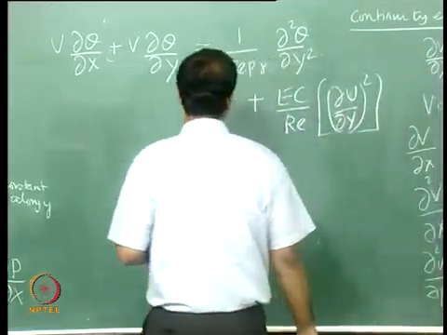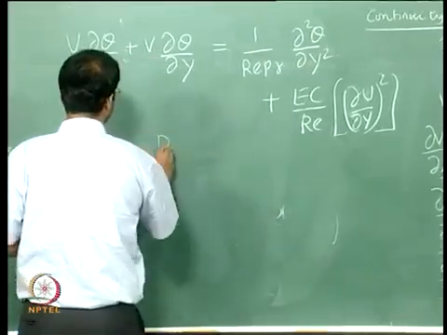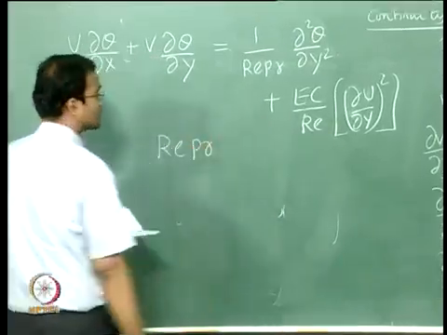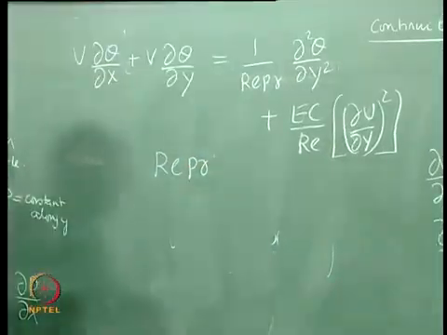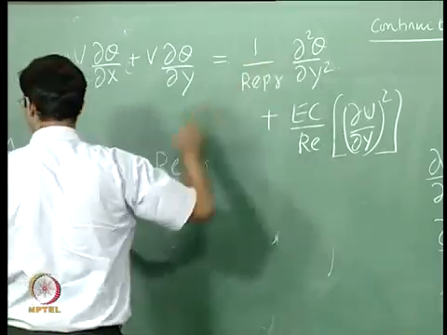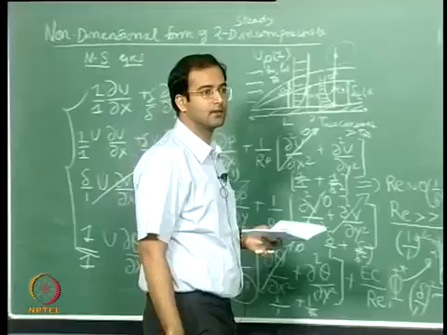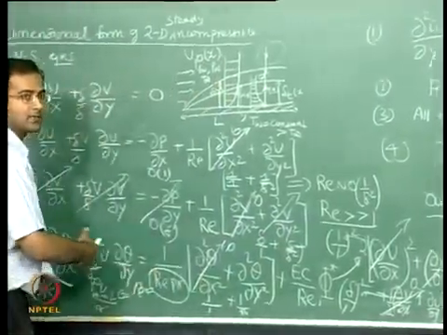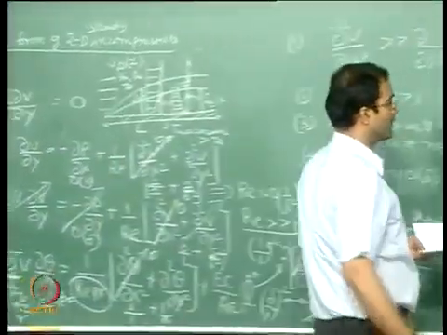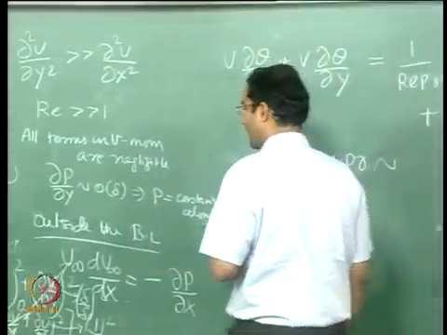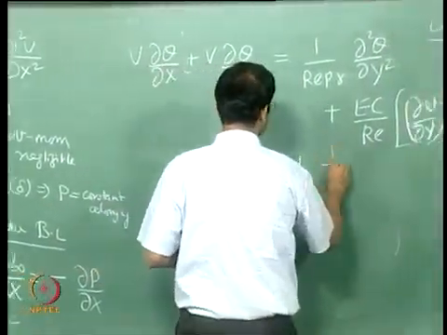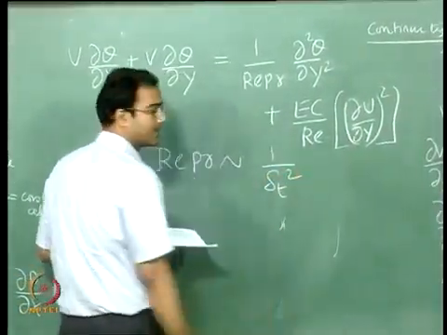Now what should be the order of Re Pr? This is of the order of magnitude of 1 over delta t square, right? So for all the terms to balance, Re Pr should be of the order of magnitude 1 over delta t square, correct?